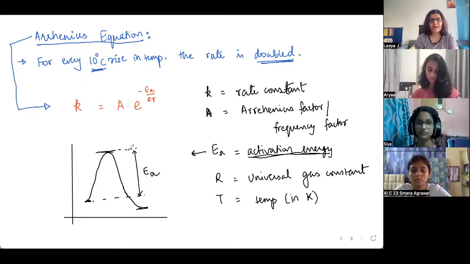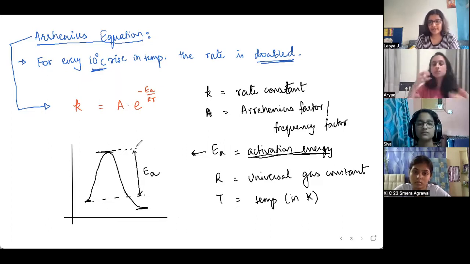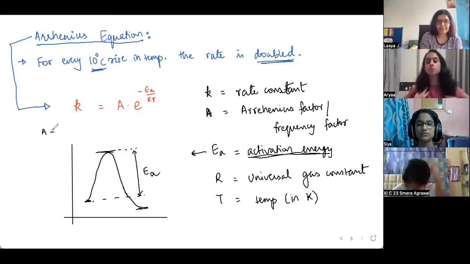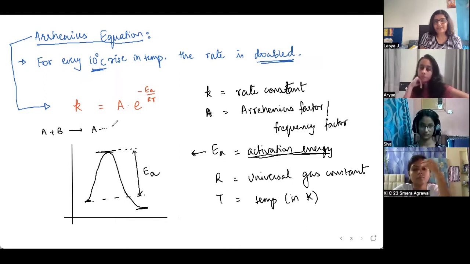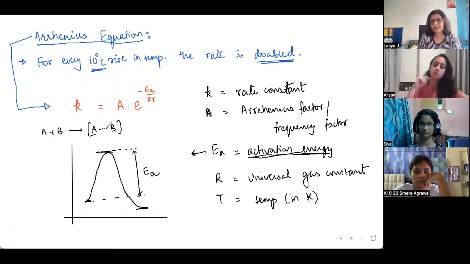You guys have observed this during organic reactions whenever we do the mechanisms, right? Suppose we have A plus B reacting. They form some sort of an intermediate in between, which is pretty unstable.